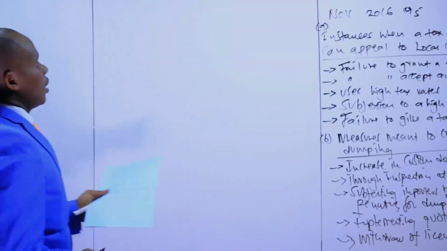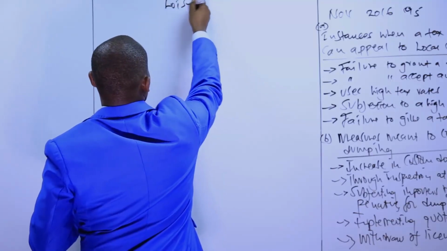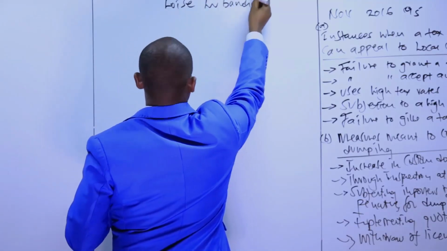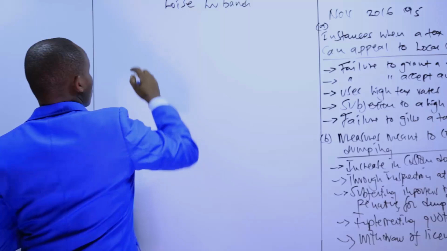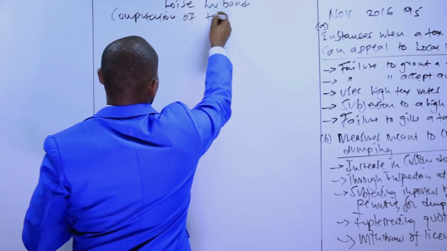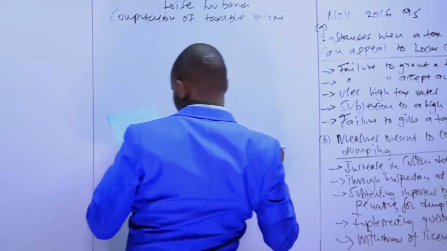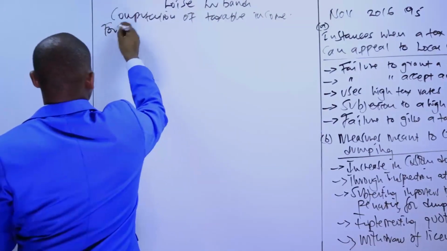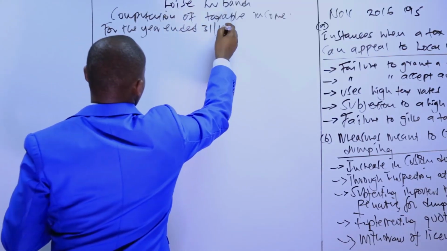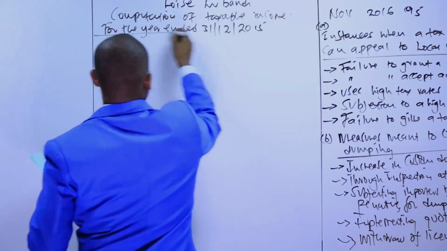Now, we have Royce Rubadi, computation of taxable income for the year ended 31st December 2015.